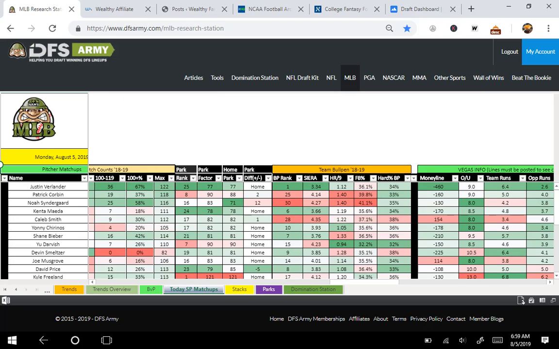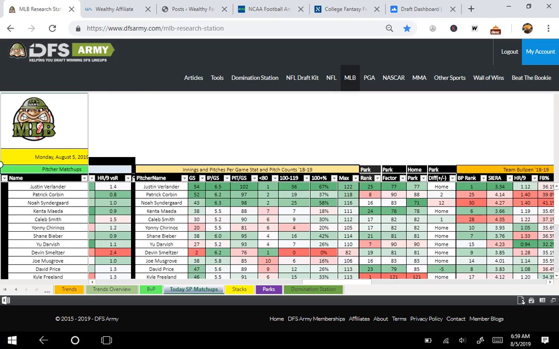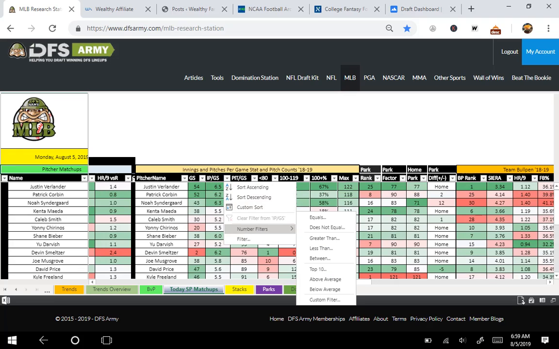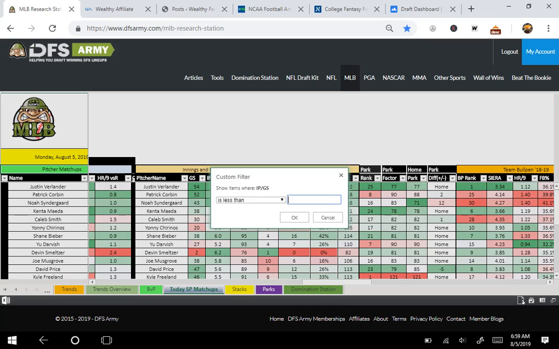But we're looking at actually first the innings pitched. The innings pitched, anything we desire to pick on as a matchup with our batting lineup and or stacks would be less than 5.5 innings.